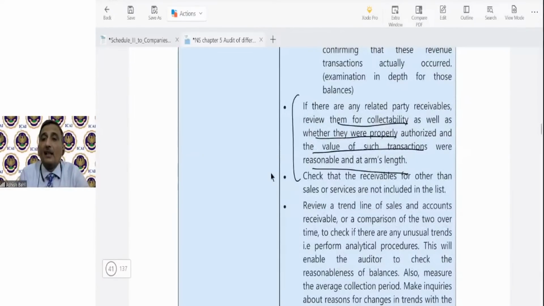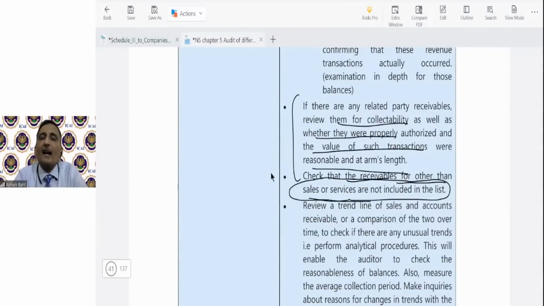Check that receivables for other than sales or services are not included in the list. So students, sometimes it so happens then that in the schedule of trade receivables, some items are included which are not generated, which are not created out of sales transactions.